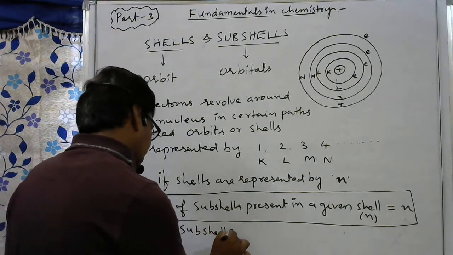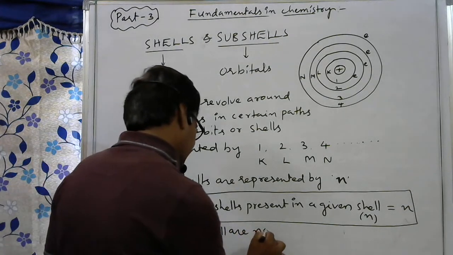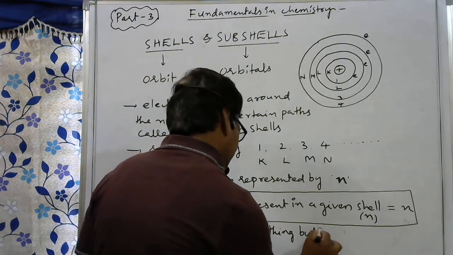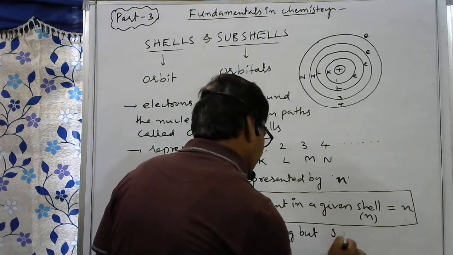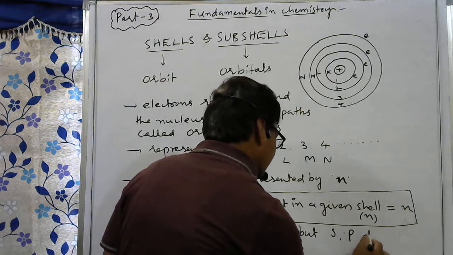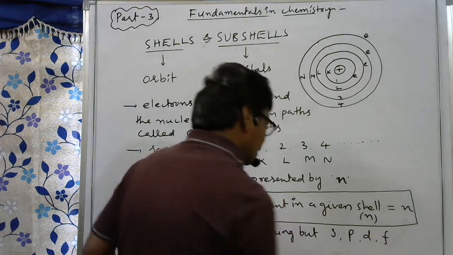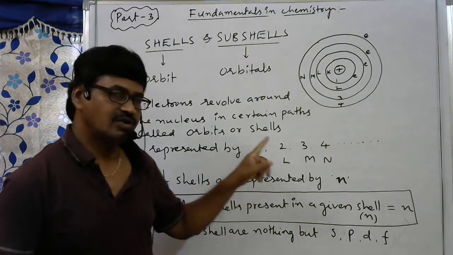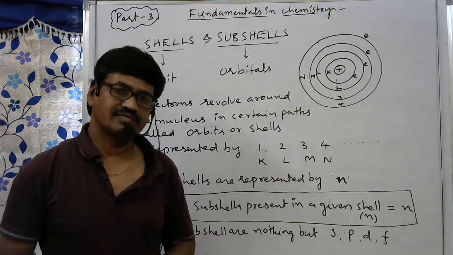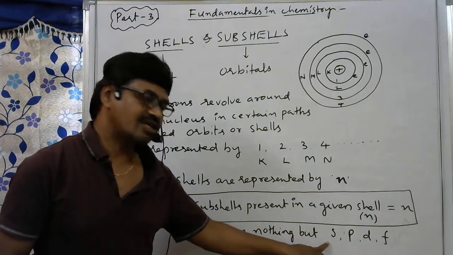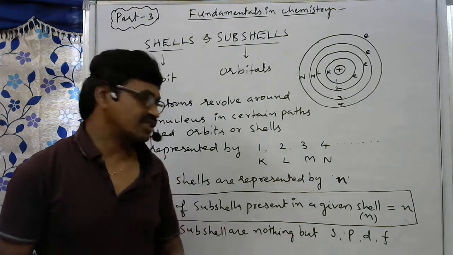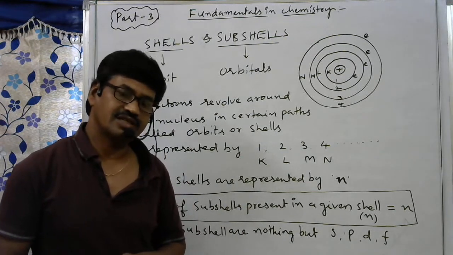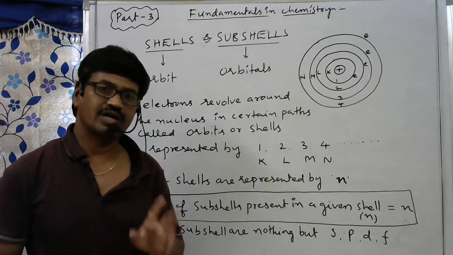Subshells are represented by orbitals: s orbital, p orbital, d orbital or f orbital. These are the subshells. In the first shell, the number of subshells is 1, and that one subshell is the 1s orbital. In the second shell, there are 2 subshells, the 2s and 2p orbitals.